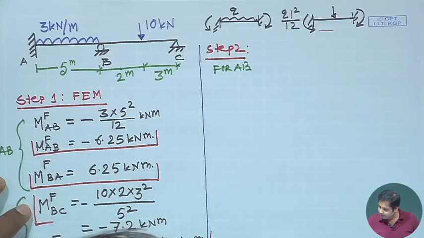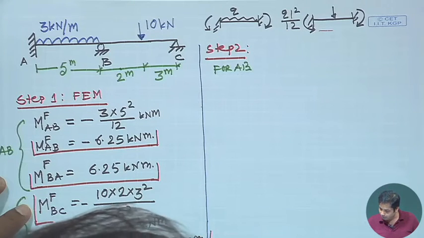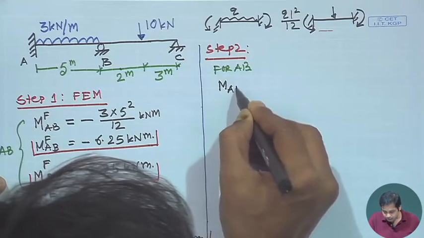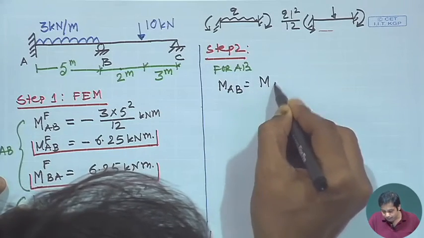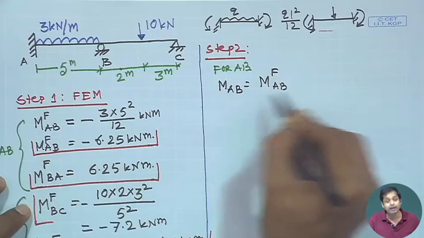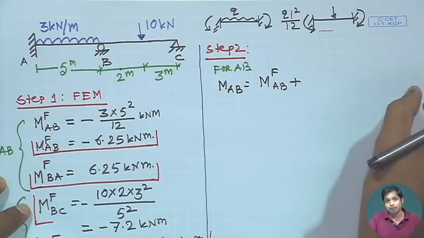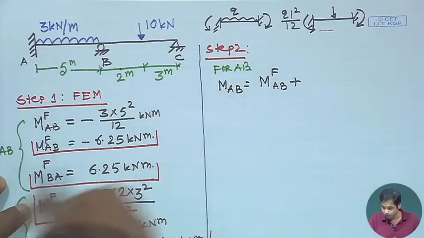Now, if you recall, the final slope deflection equation was MAB is equal to MABF, that is the fixed end moment, plus the stiffness into the corresponding rotation.